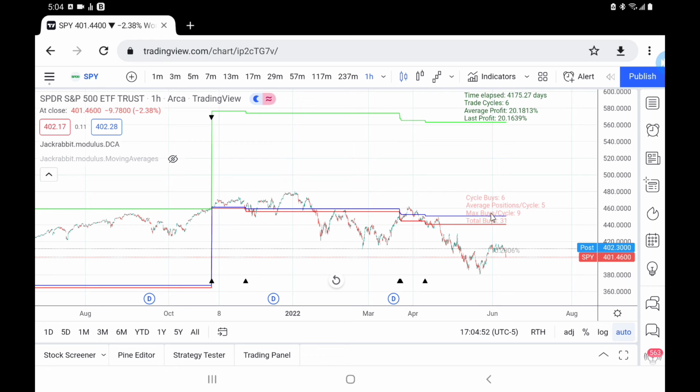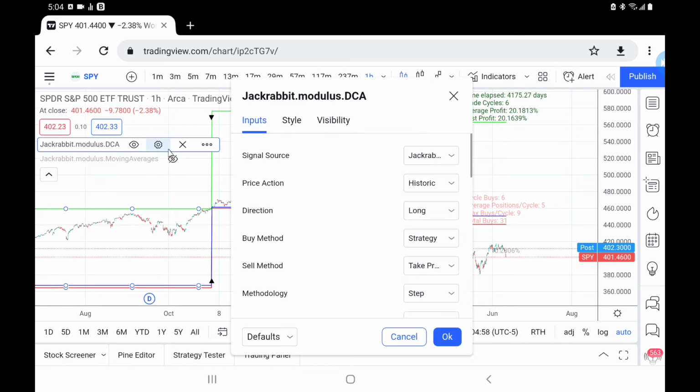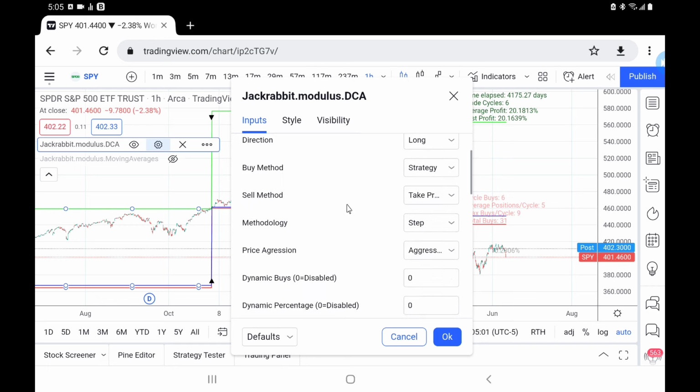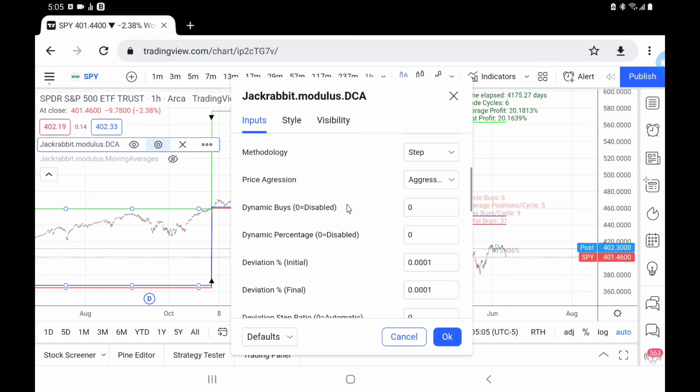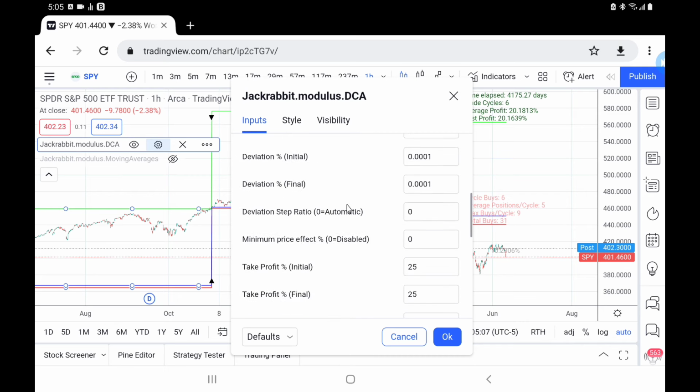So this long-term scope is designed to be very simple. I am using Jackrabbit in such a way that I am looking for opportunity. And that opportunity is a critical standpoint.